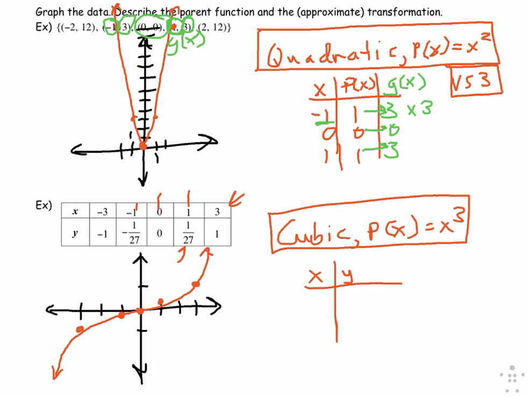So I substitute those into the x column. The y value that we actually get from this transformed function is negative 1/27, 0, and 1/27. So what that means is, I guess I wanted to write the parent graph in that column.